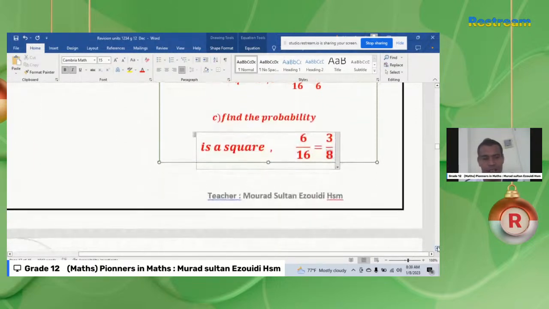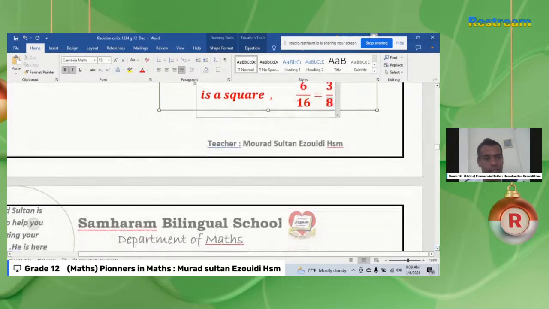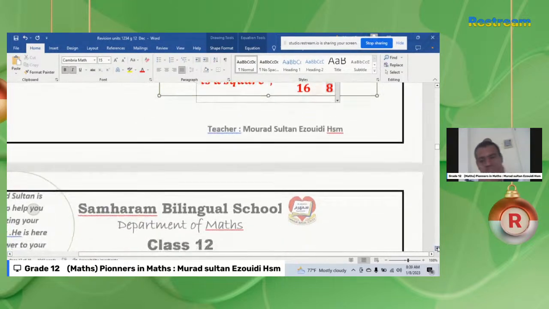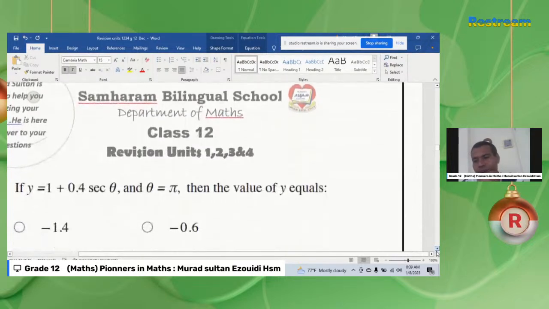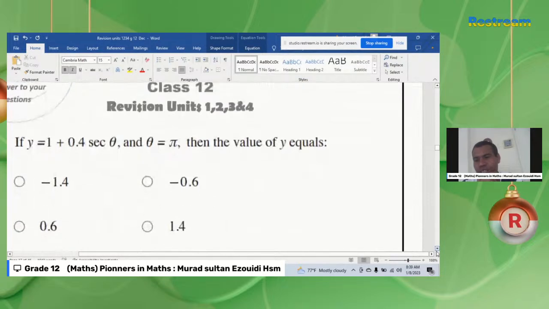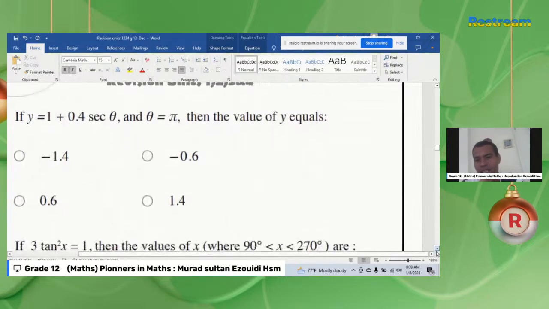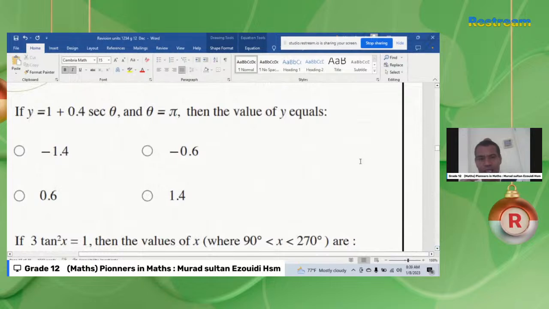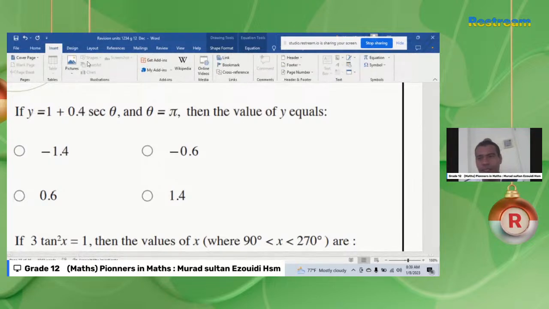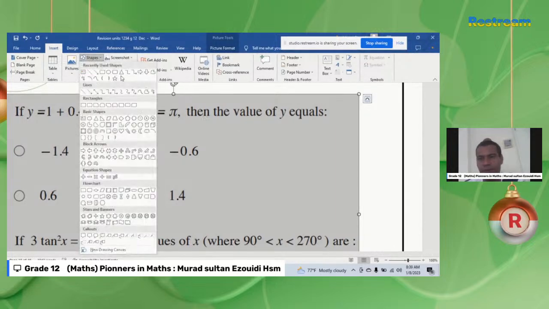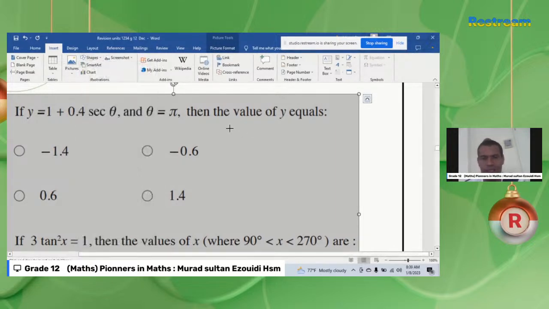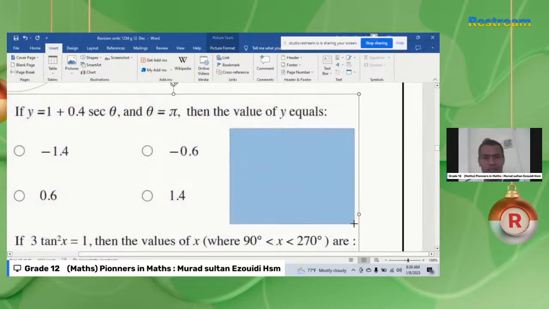Learners, it will tell you that if y equals 1 plus 0.4 sec theta and theta is pi, then the value of y is clear here, that is equal to... So I will make a shape. You can read the question till I explain this for you, learners.